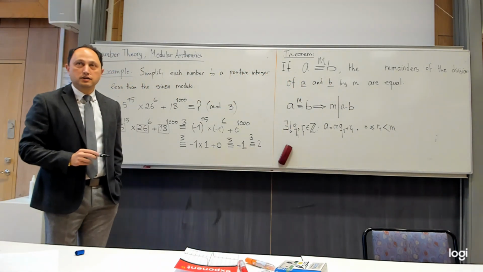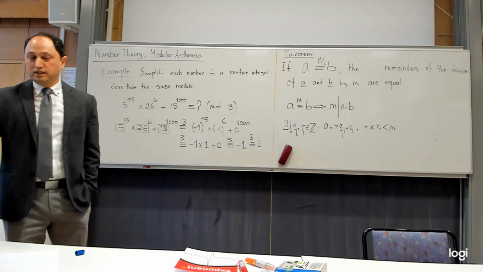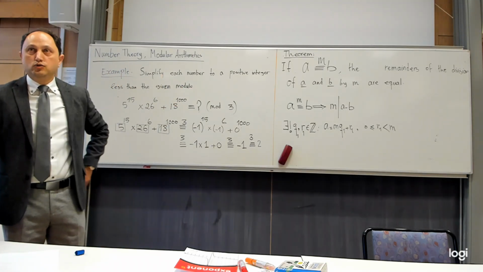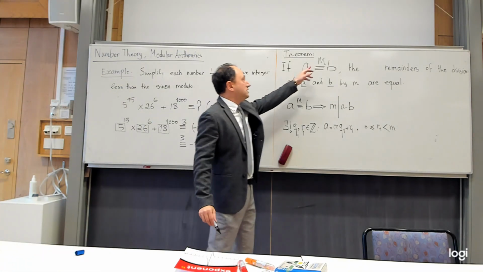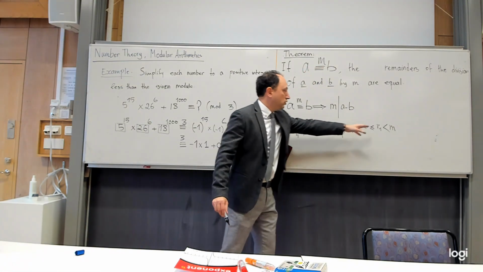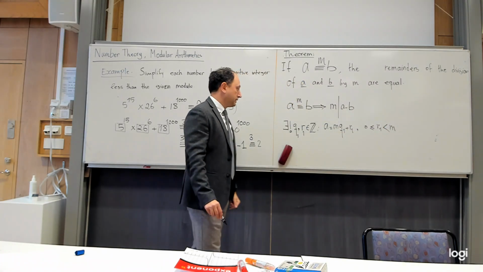Because if you remember, the division algorithm has an absolute value there. But do I need it here? No, because by definition M is a positive integer, so I don't need that absolute value.